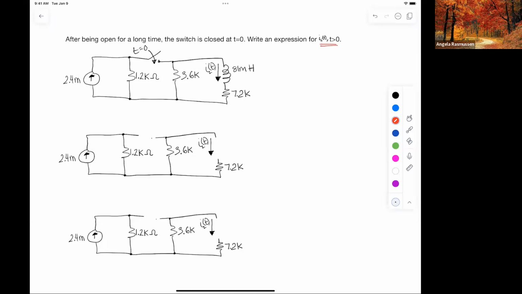Yeah, we can use that. That's all the resistance.